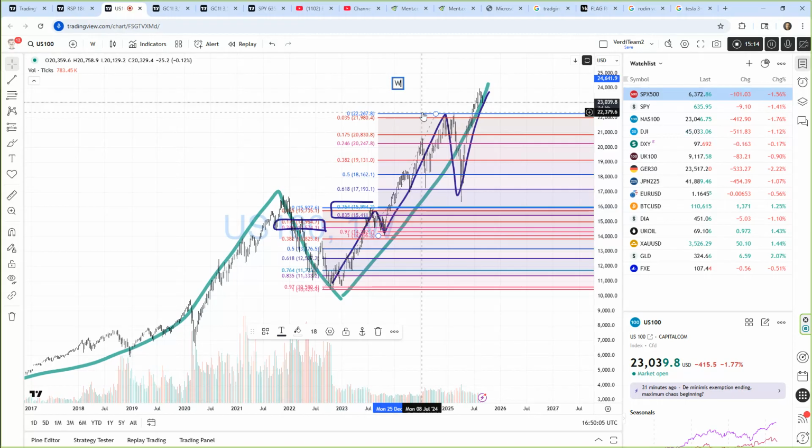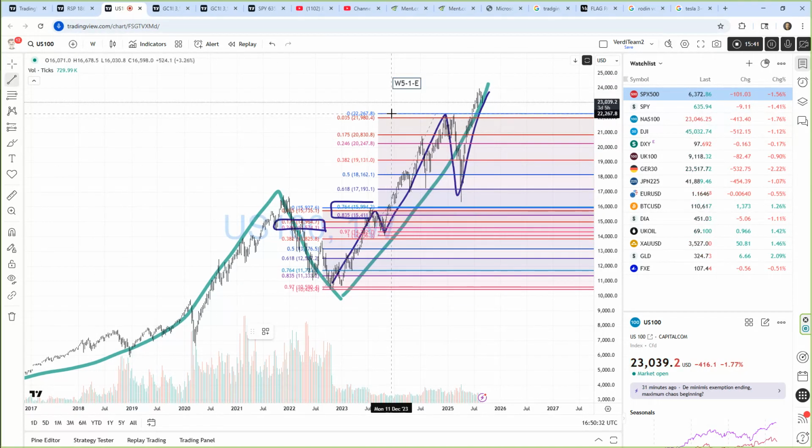This is wave 5, 1, E. We're in the middle of an E, an ending pattern. And E can be as long or longer than C, but typically ends up being about 618 of C. So now, how can we measure 618?